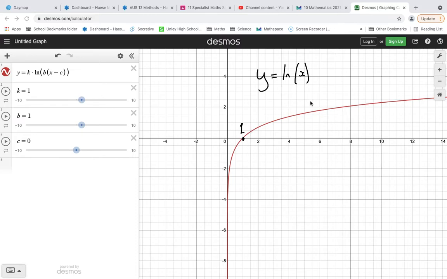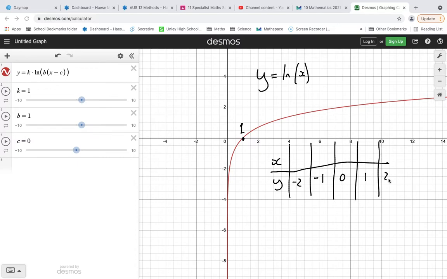If I was trying to plot this by hand, I'd be thinking maybe I need a few points to plot. So I could set up a table of values here. Apologies about that line. Maybe I want to think, where do I get minus 2? Where do I get minus 1?